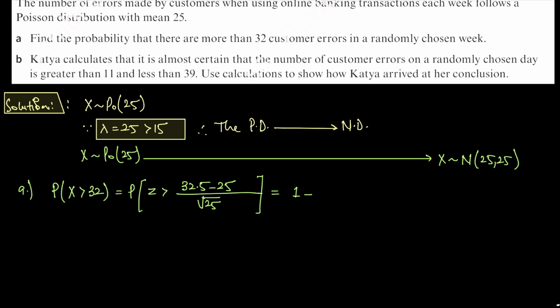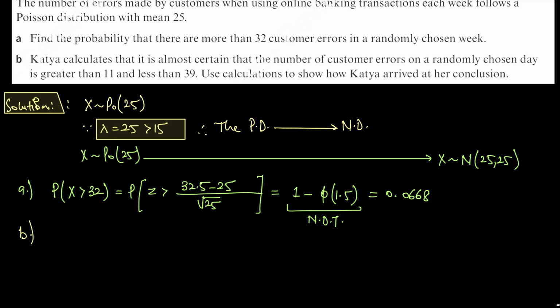So we will write 1 minus, this is 1.5 after we calculate the values. And now let's solve this by using the table of normal distribution using MF19. We can easily solve it as 0.0668.